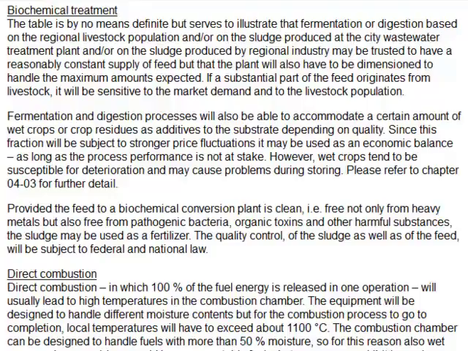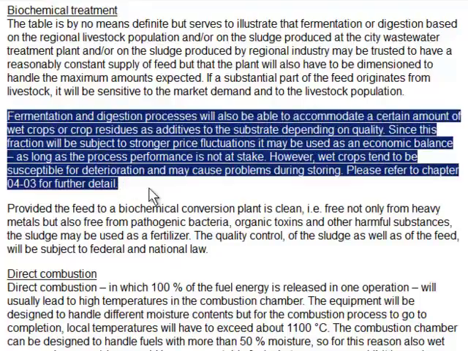It's also important to understand that this kind of biochemical treatment process will be able to accommodate a certain amount of wet crops or crop residues as additives to the substrate.